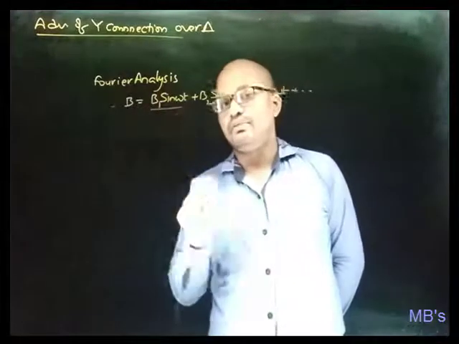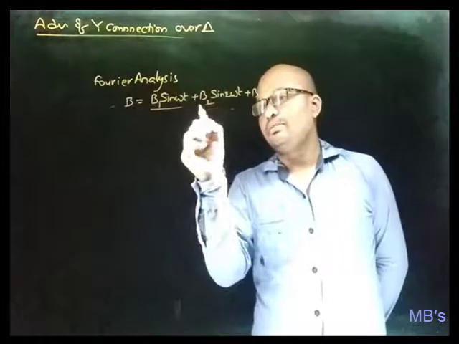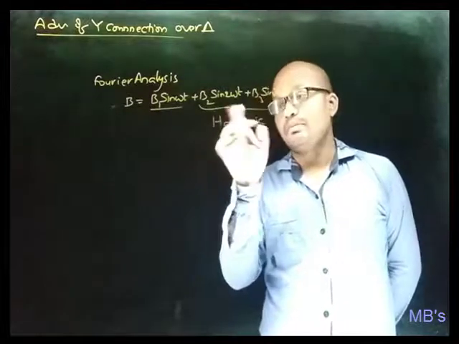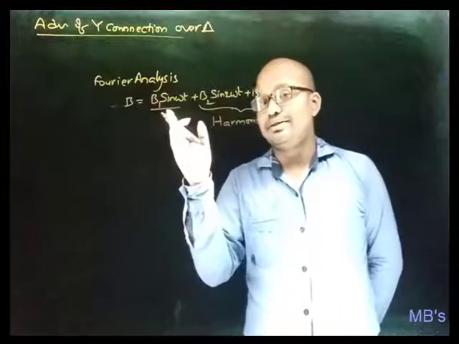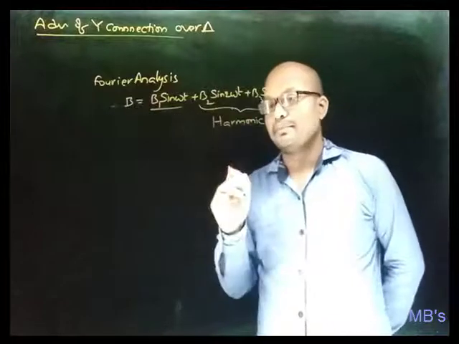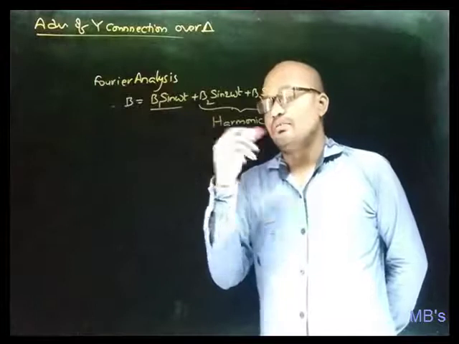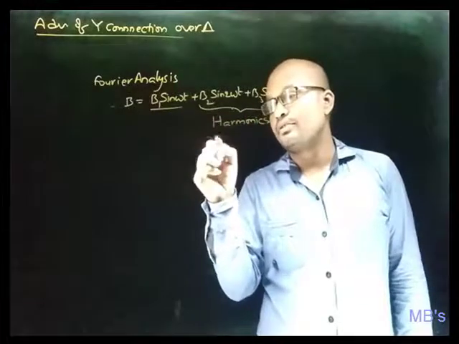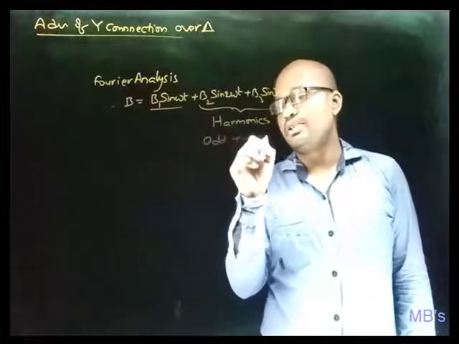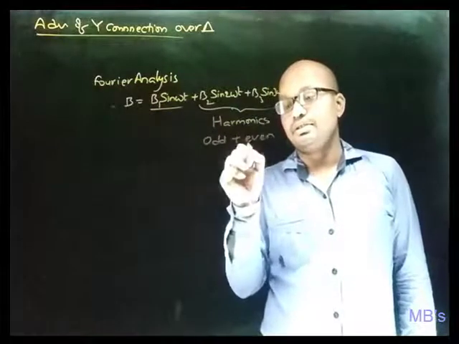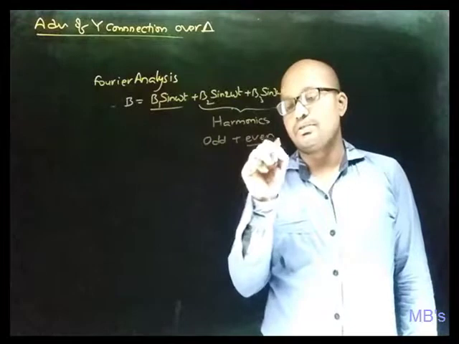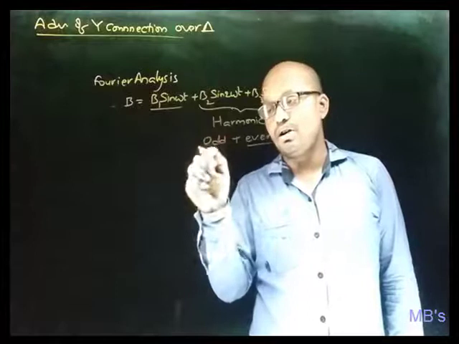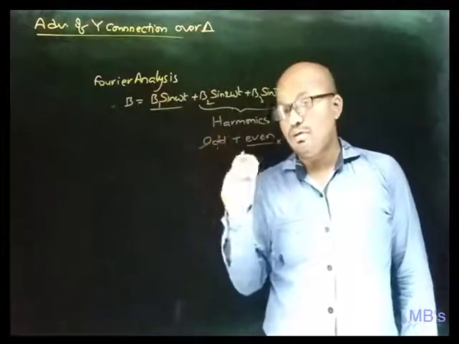This is our required fundamental signal, and the remaining signals we consider as harmonics. Because of these waveforms, our required signal becomes a non-sinusoidal signal. From the harmonics topic, we categorize these harmonics as odd and even harmonics. In an alternator, even harmonics are not present, they are eliminated. So our focus must be on how to reduce the odd harmonics. That's the conclusion from the harmonics topic.